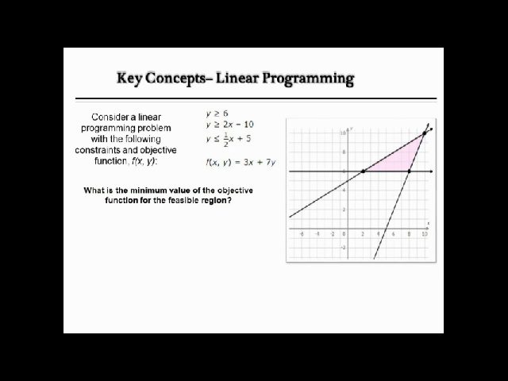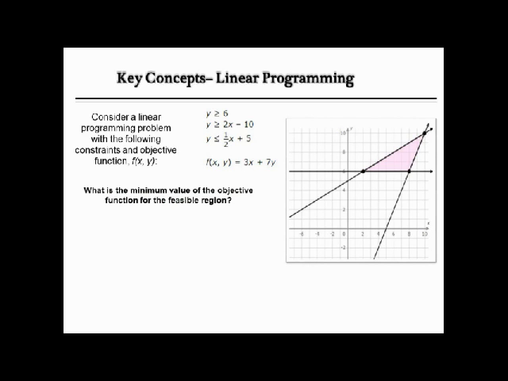The next example says consider a linear programming problem. It has these constraints and this objective function f of x, y, which equals 3x plus 7y. It wants to know the minimum value of the objective function.